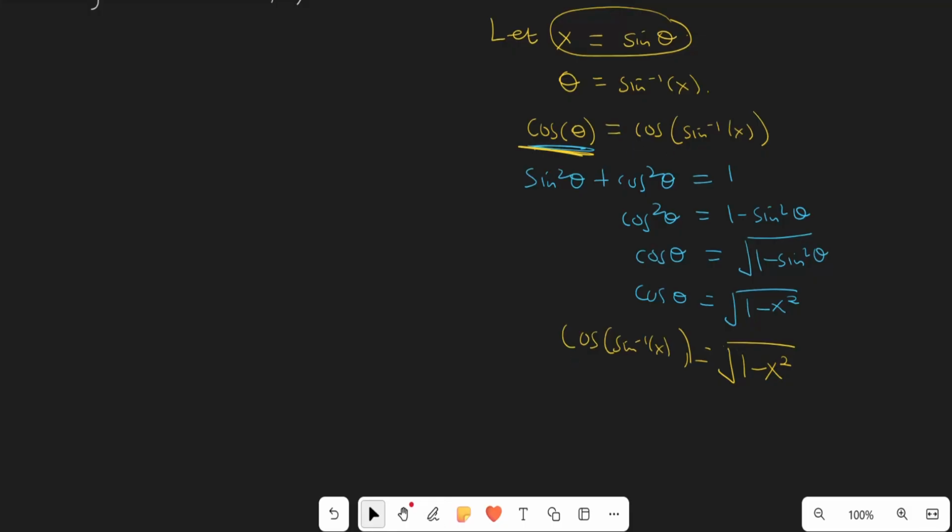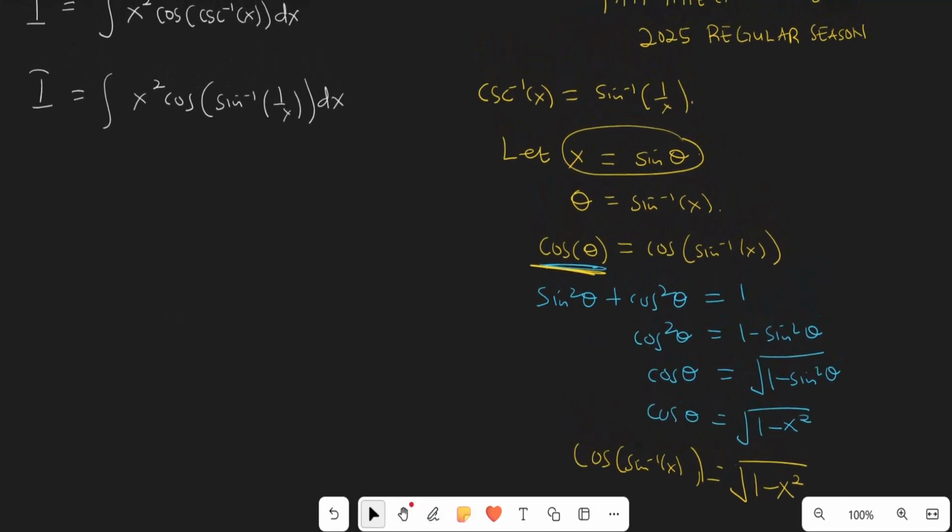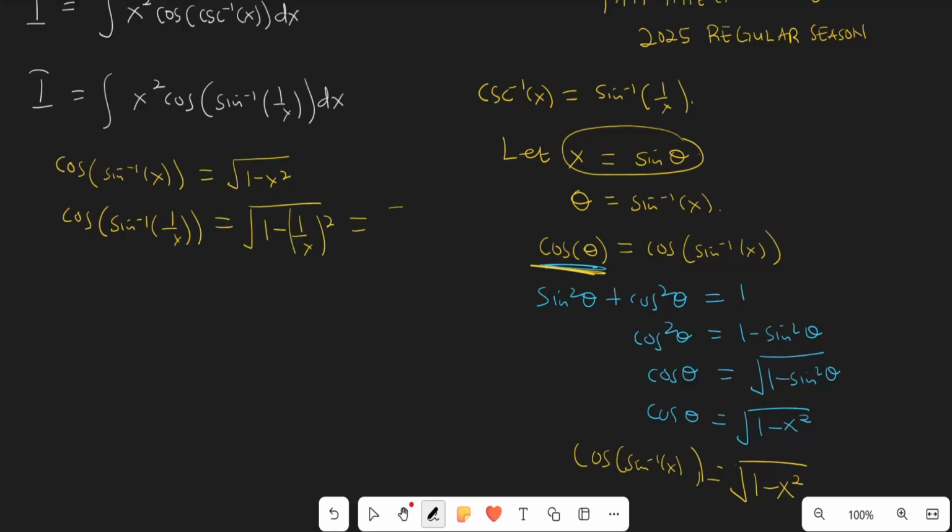So this is how cosine of the sine inverse of x can be expressed. That implies that the cosine of the sine inverse of 1 over x is equal to the square root of 1 minus 1 over x, all squared. And that is equal to the square root of 1 minus 1 over x squared.